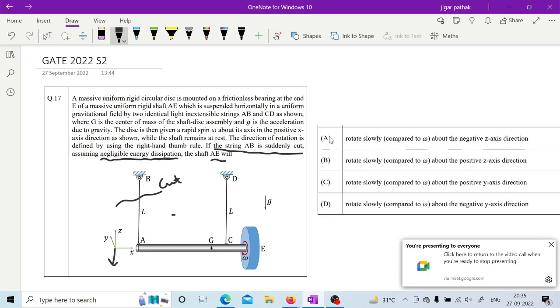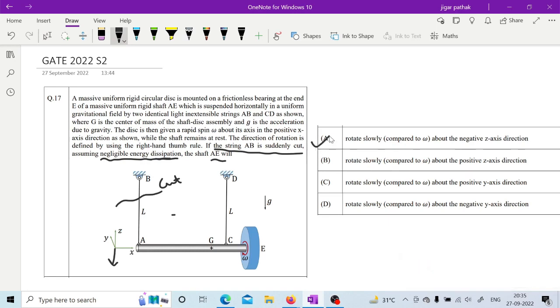Because here you are having the center of gravity here, so it will go towards this negative Z direction if you cut this string, and it will rotate with a little bit slower angular velocity compared to omega as mentioned, right? So this is how you are having this gyroscope, and some examples are asked in GATE related to this.